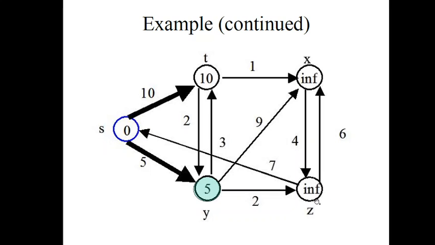Here you can see the next adjacent vertex is Z, with path 2, that means 5 plus 2, 7, and 7 is less than infinity, therefore the distance will be 7.